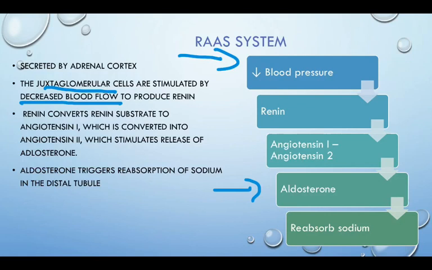So this is one way that the body compensates for decreased volume. Okay? Now, the opposite occurs too. If you have too much fluid, the body will decrease the amount of sodium that is reabsorbed by decreasing aldosterone production. It's a negative feedback. Remember, it's a negative feedback loop. You have to understand negative feedback loop.